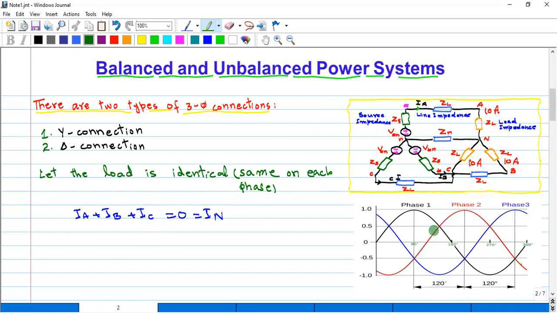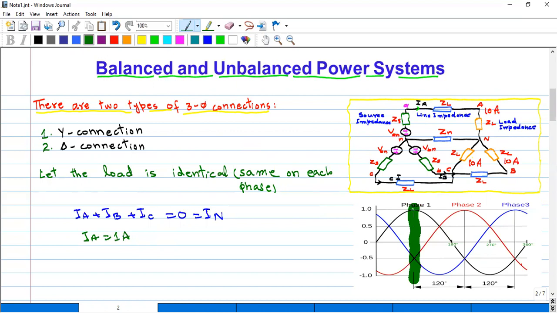Now, as you can see in this figure, at every instant the sum of all currents will be equal to 0. Let's suppose at this instant the maximum value of the phase 1 current is 1 ampere, so IA is equal to 1 ampere.